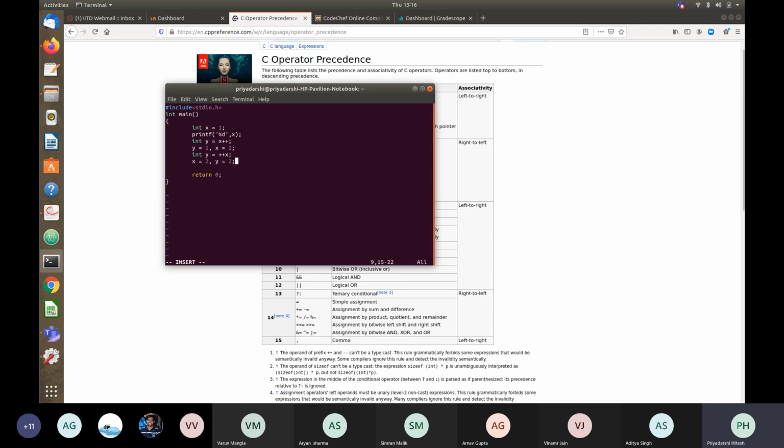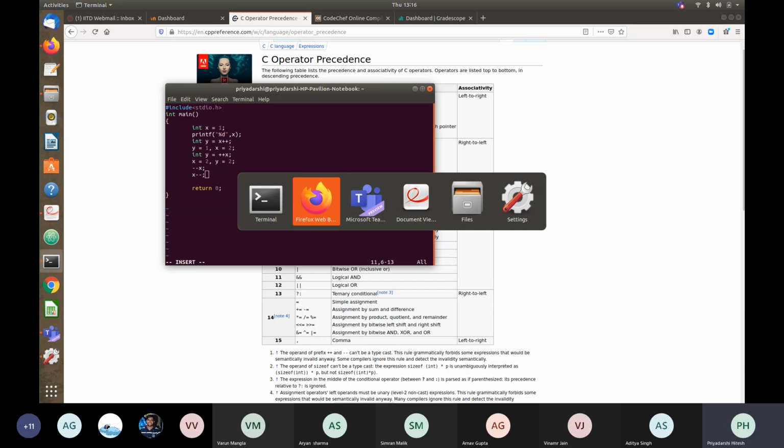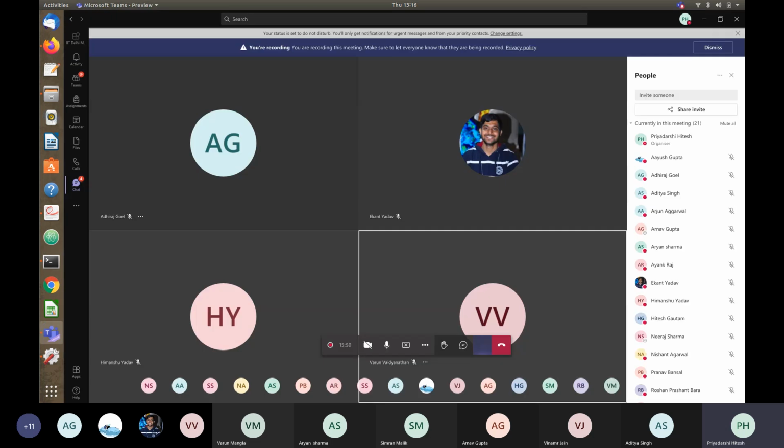Similarly, for decrement it is minus minus x and x minus minus. So that's the only core concept you need to remember, like while assigning, how you have to take this into account. Does anyone have any doubt till now in postfix and prefix? Then we should move on with the examples given in the lab questions.